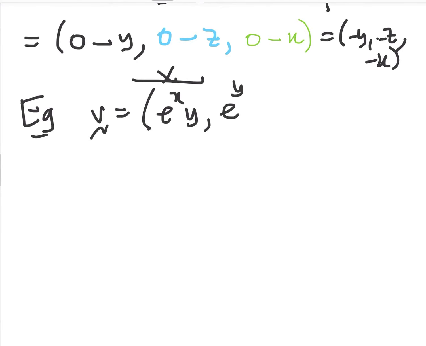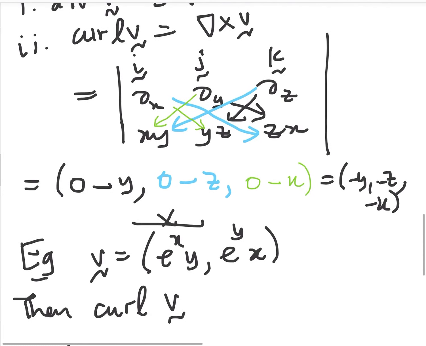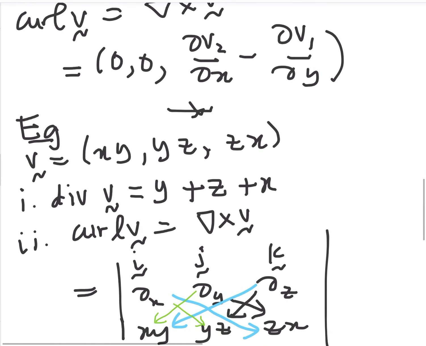minus e to the y times x, then for the curl we said that we extend this vector field V to a third component involving 0. So then the curl of this vector field V will always have the first two components equal to 0, and to determine the third component we just go back and we get exactly the same component.